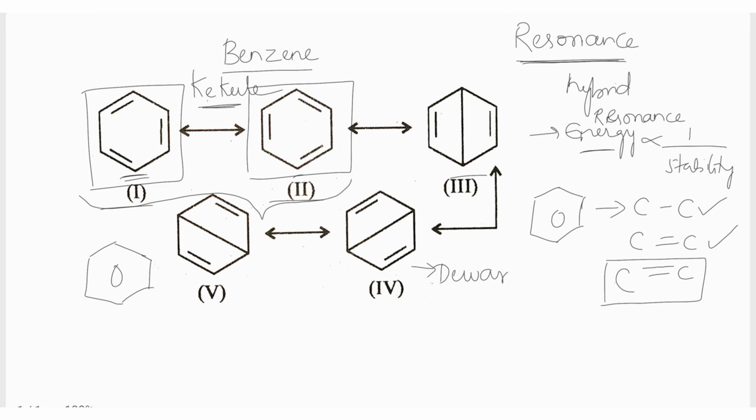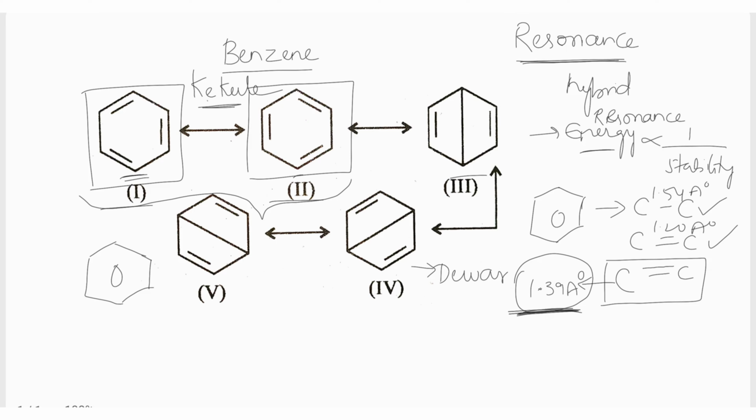Hence the carbon-carbon bond in benzene has a bond length in between single bond and double bond. For single bond it is 1.54 angstroms, for double bond it is 1.20 angstroms, but for benzene it is in between, less than single bond, greater than double bond, that is 1.39 angstroms.